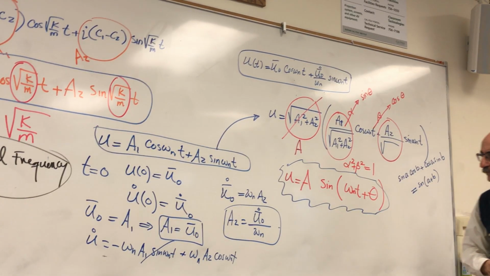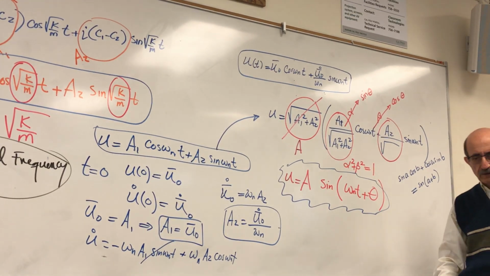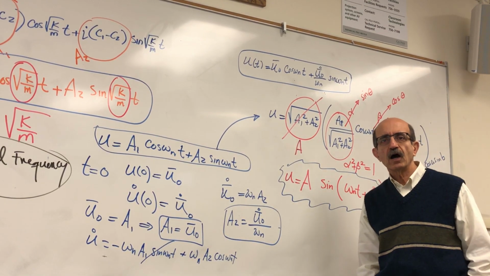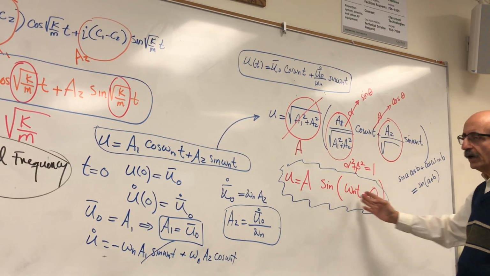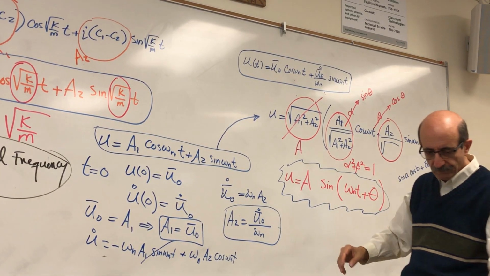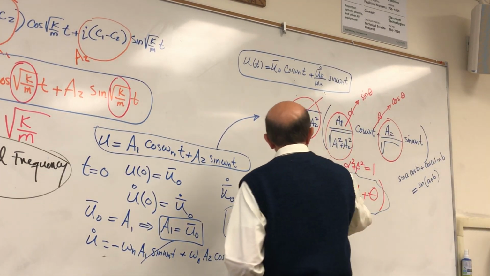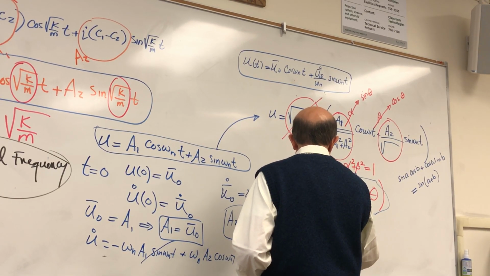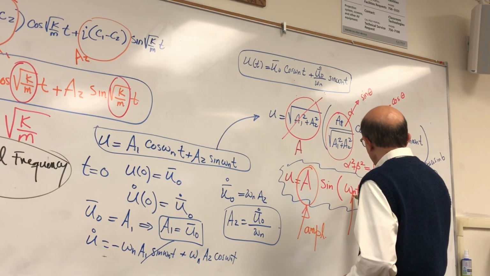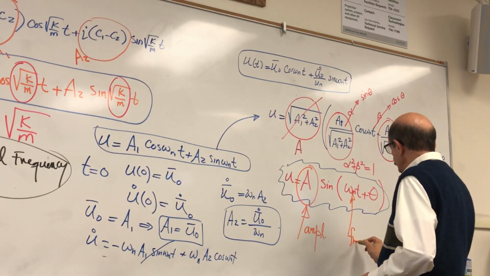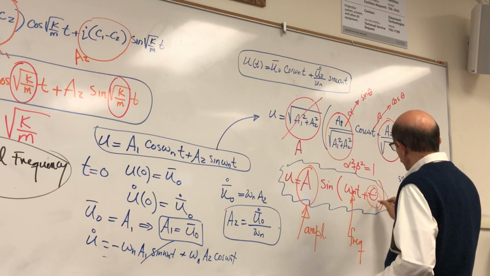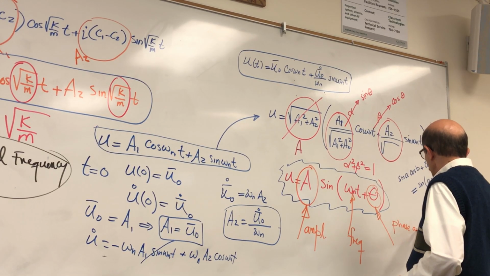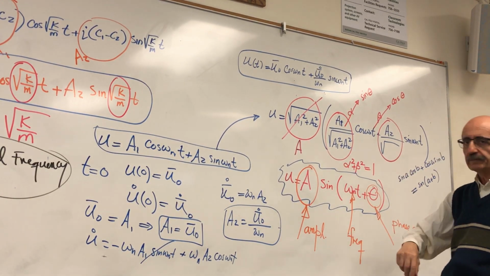The response of a single degree of freedom system that is undamped is a harmonic function, where A is the amplitude, omega n is the frequency, and theta is the phase angle. We'll see that in a minute.